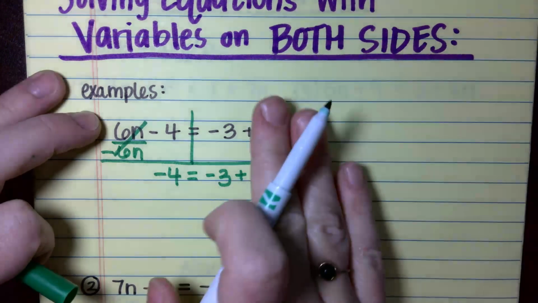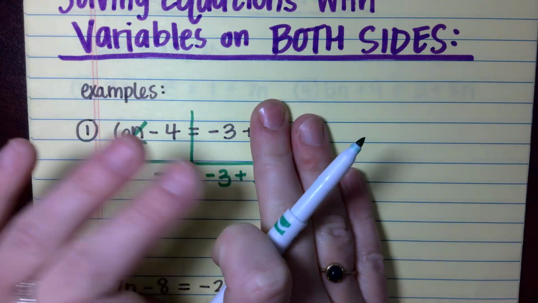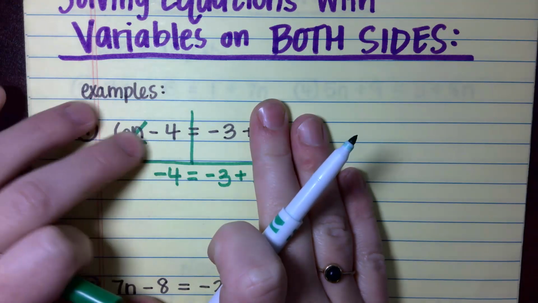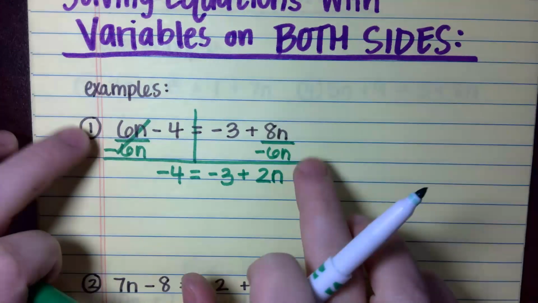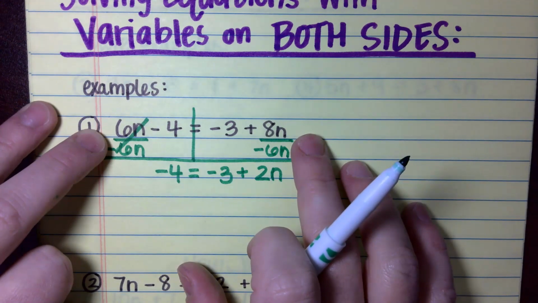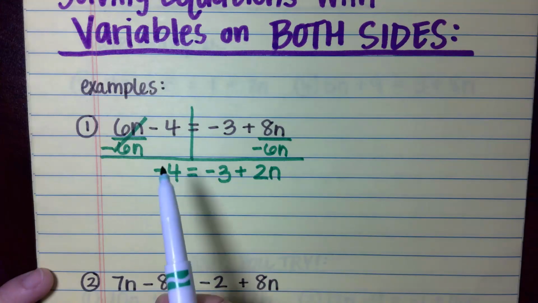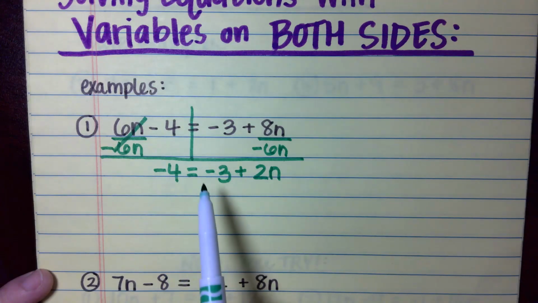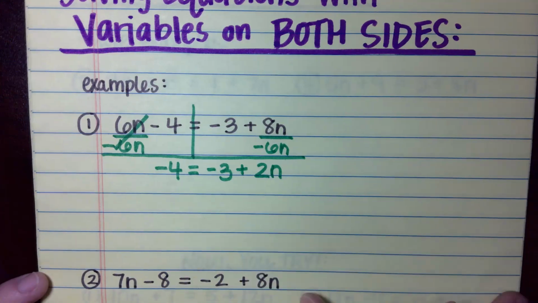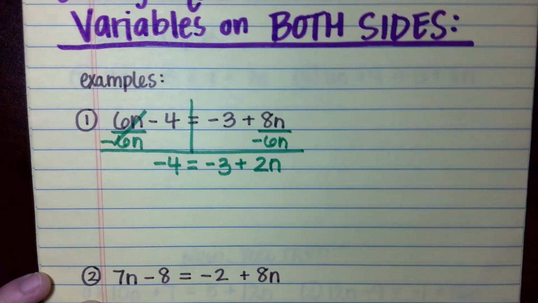If you already have it just on one side, you can do your addition first and then do your division and all that. But if we have variables on both sides, we need to get them together before we can separate them. So now we have -4 equals -3 plus 2n. What do you think we could do here? +4. We could. Let's see what happens.